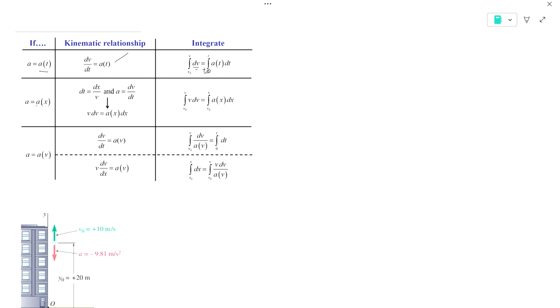If we're given acceleration in terms of space, we can find the acceleration again from the velocity terms, or we know that space as a function of time can give us velocity.